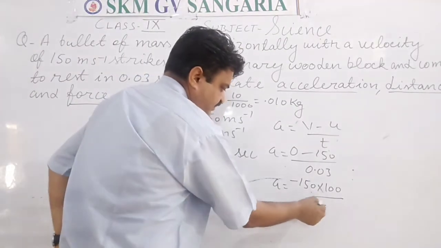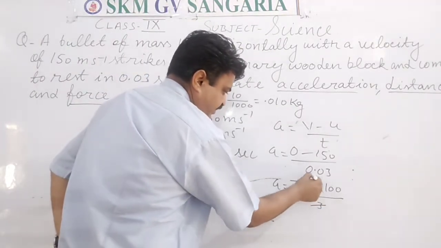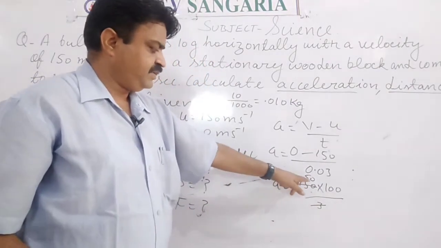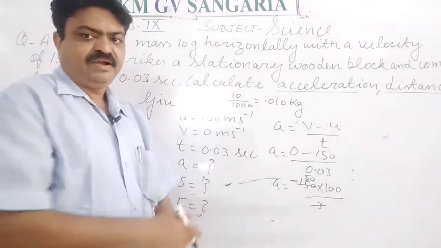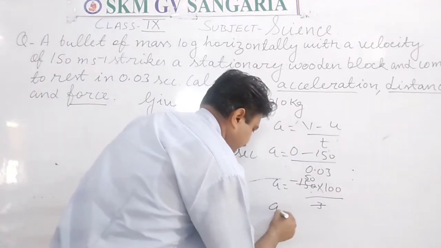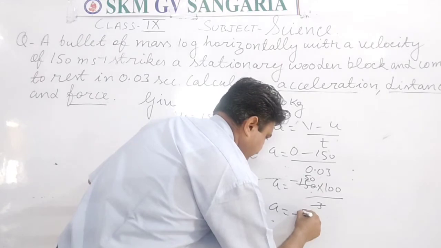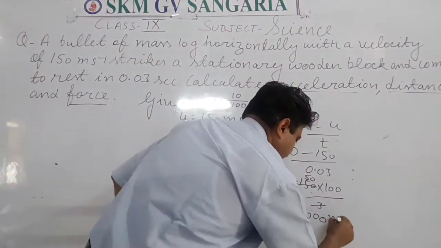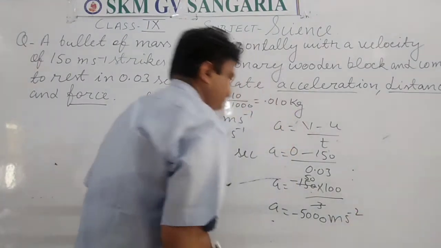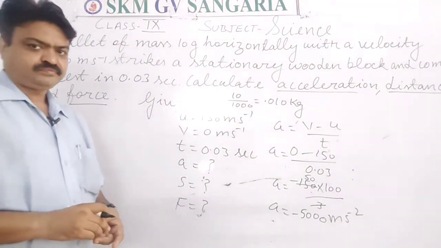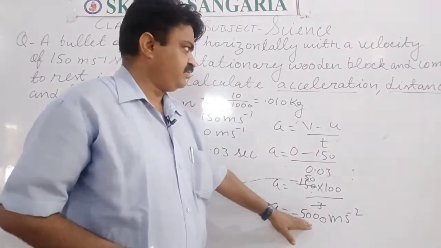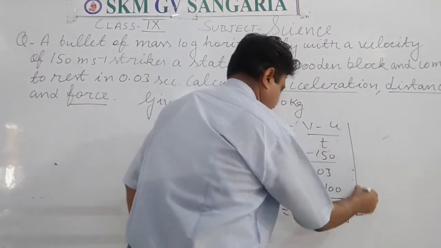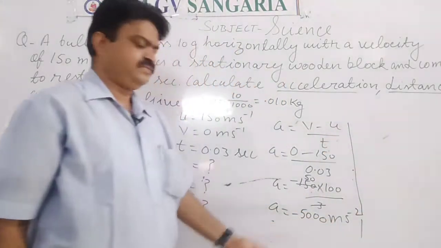And we will cut this 3 from this 150 and here we will get 50. 3 fives are 15, so it will be 50, and the acceleration will be minus 5000 meter per second square, that is 5 × 10^3. So this answer we have got here. Now this is the first physical quantity that we have got.